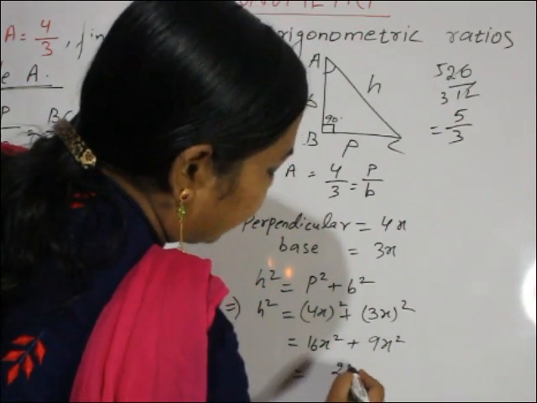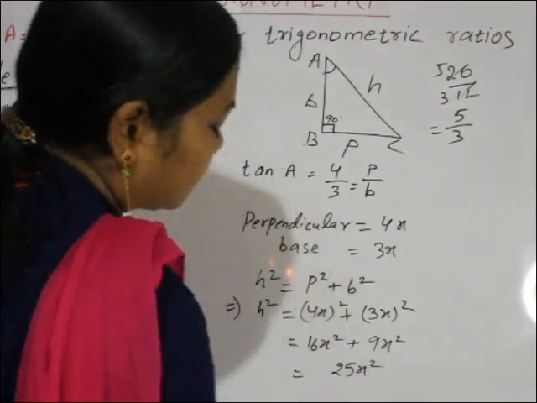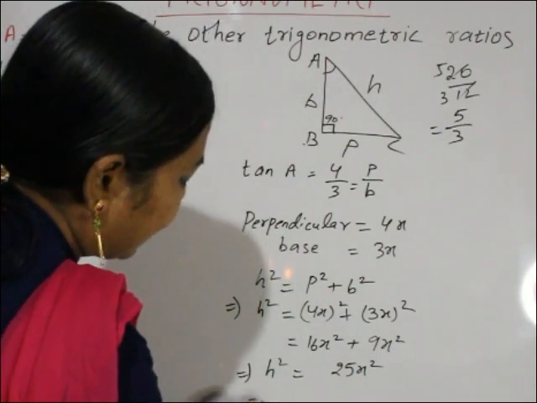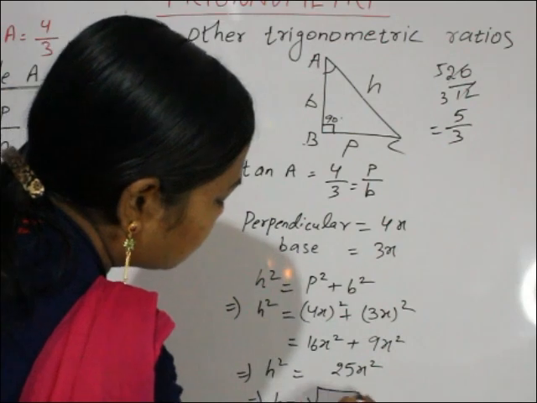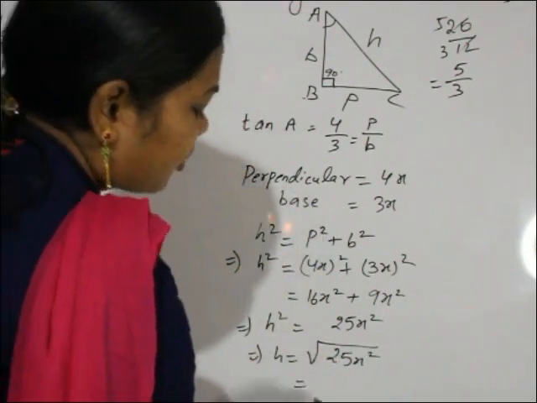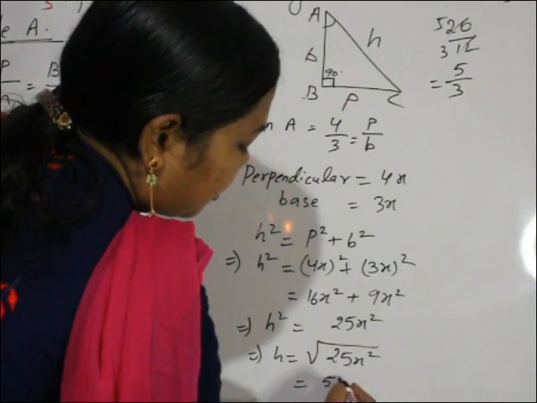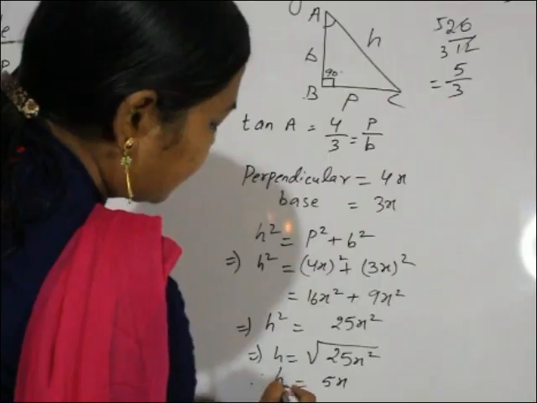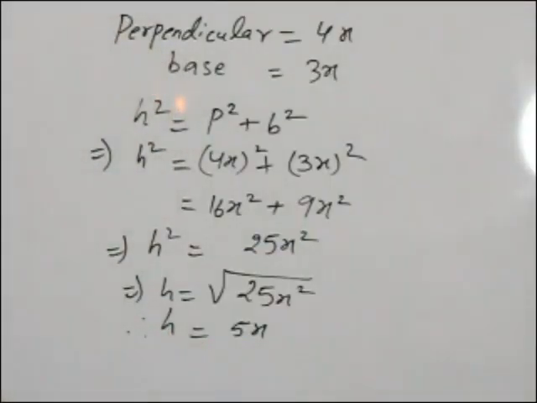So how much? 25x square. H is equal to the square root of 25x square. Square root of 25 is 5, square root of x square is x. So hypotenuse is equal to 5x.